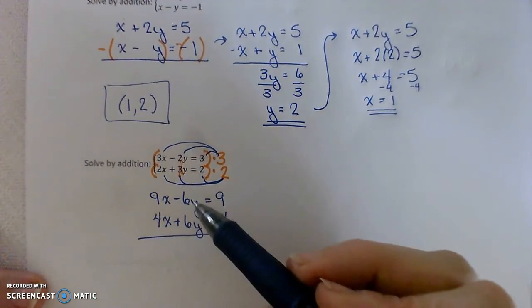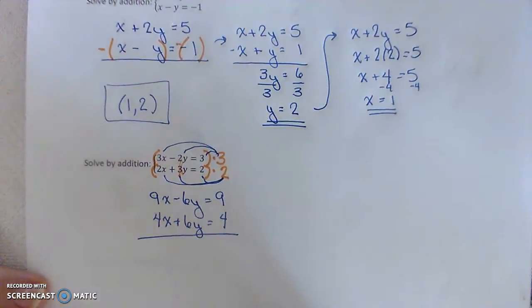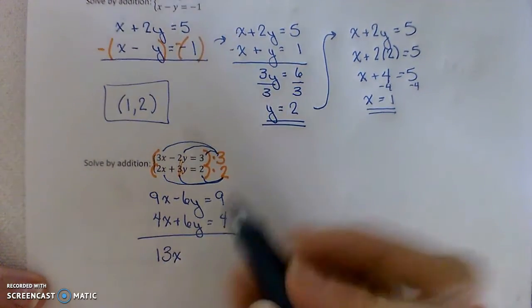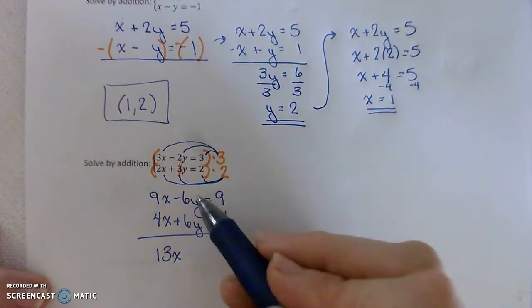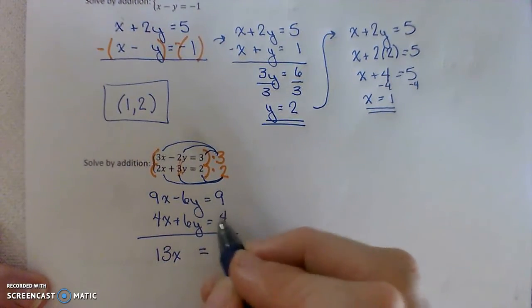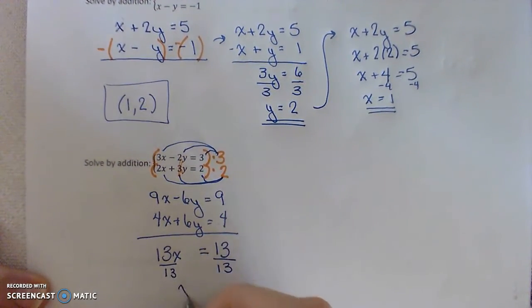So now notice I've got minus 6y plus 6y. So the y's are going to go away. So I'm just going to go ahead and add these two equations together. 9x plus 4x gives me 13x. Again, by design, negative 6y plus 6y is 0, so that goes away. And then 9 plus 4 is 13. Divide both sides by 13, and I get x equals 1.